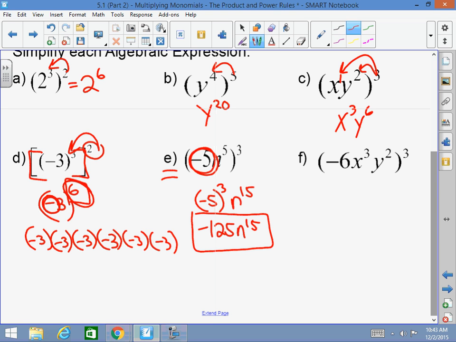Thank you. How about negative 6 x cubed y squared, raised to the third power? What would that be? Make sure you put that negative 6 in parentheses, gentlemen. If you don't put it in parentheses, then you're not including that negative, and you will get it wrong, unfortunately. So negative 6 to the third power, x to the ninth, y to the sixth.